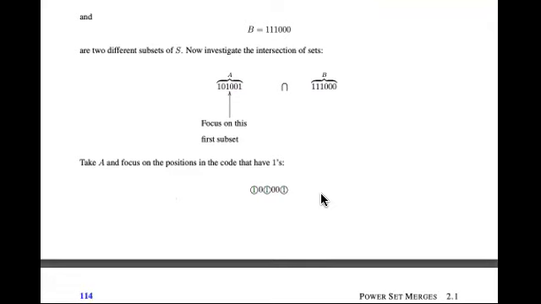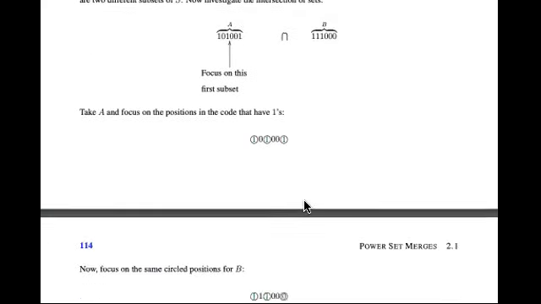If you just pick one of your subsets, like A, the intersection is going to be within those ones, because it has to be in A, and it also has to be in B. So we can circle those ones.